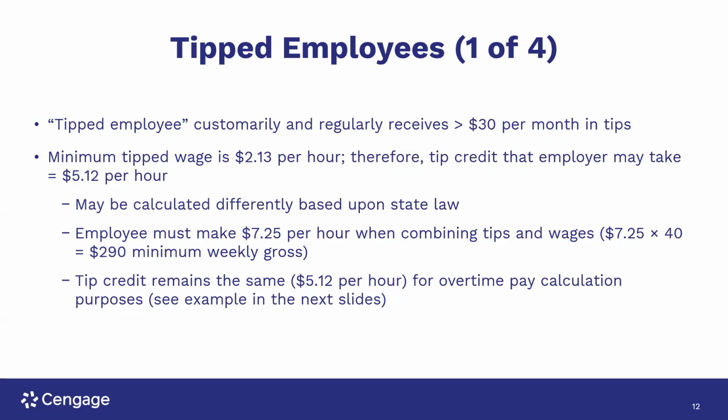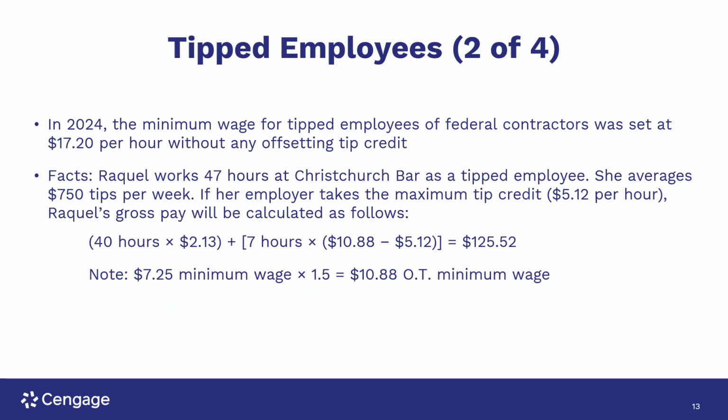It might be calculated differently based on state law, but talking federal regulations here, the employee must make $7.25 an hour when combining tips and wages. So for 40 hours a week, that's a minimum of $290 gross. And the tip credit remains the same for overtime calculations, which is important. We'll see an example here on the next slide.